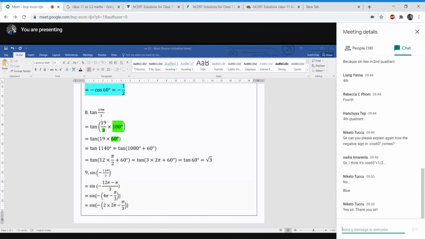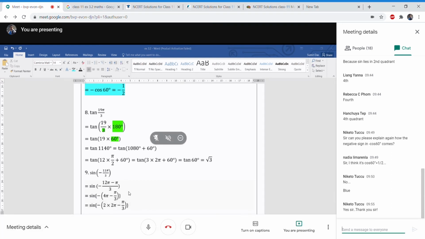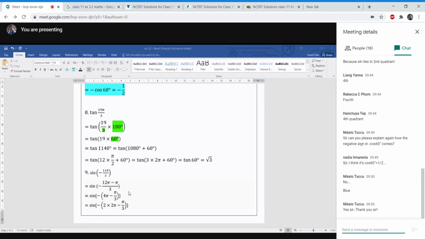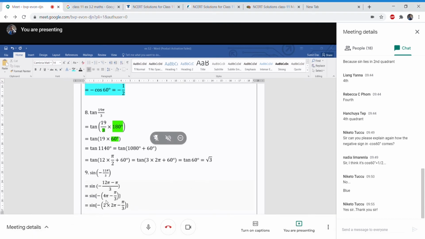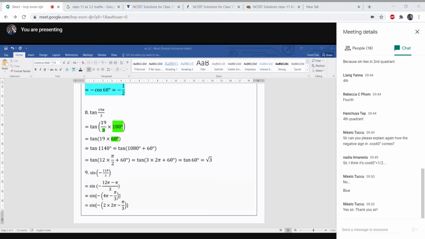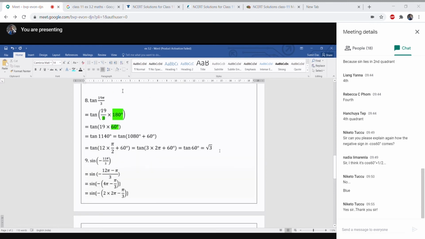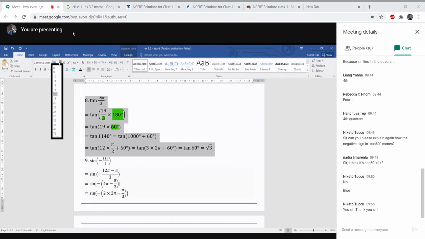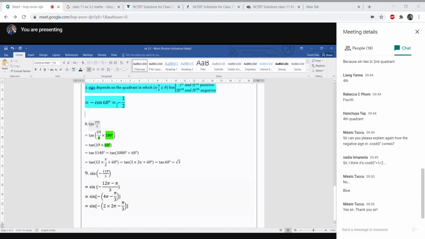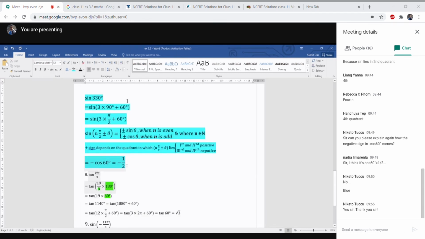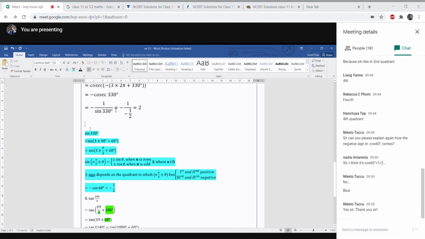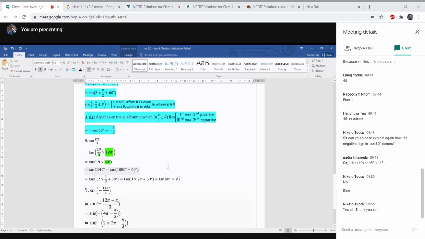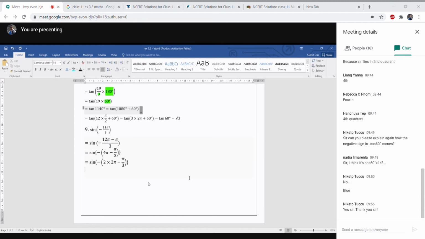That means it is lying on... Anyone, please tell me, this angle 2 into 2 pi minus pi by 3, in which quadrant is it lying?